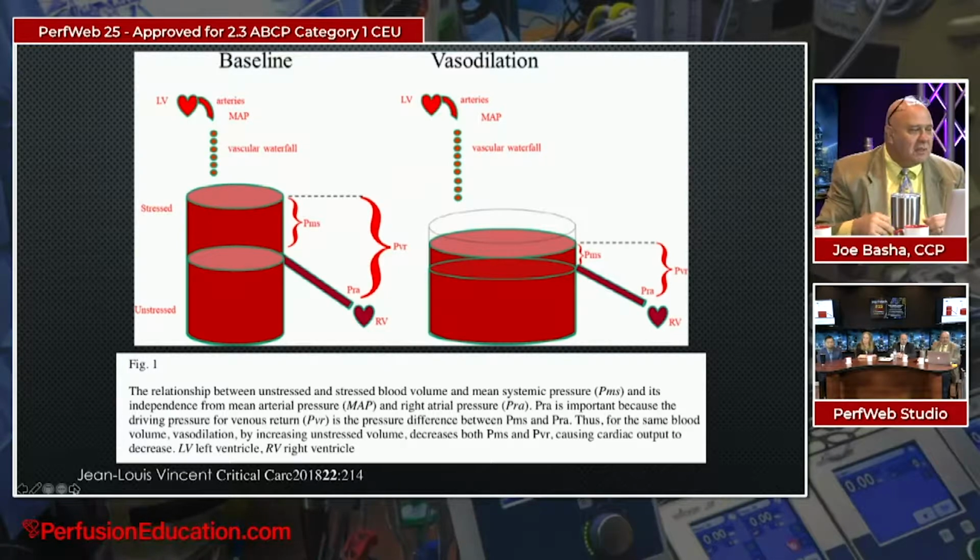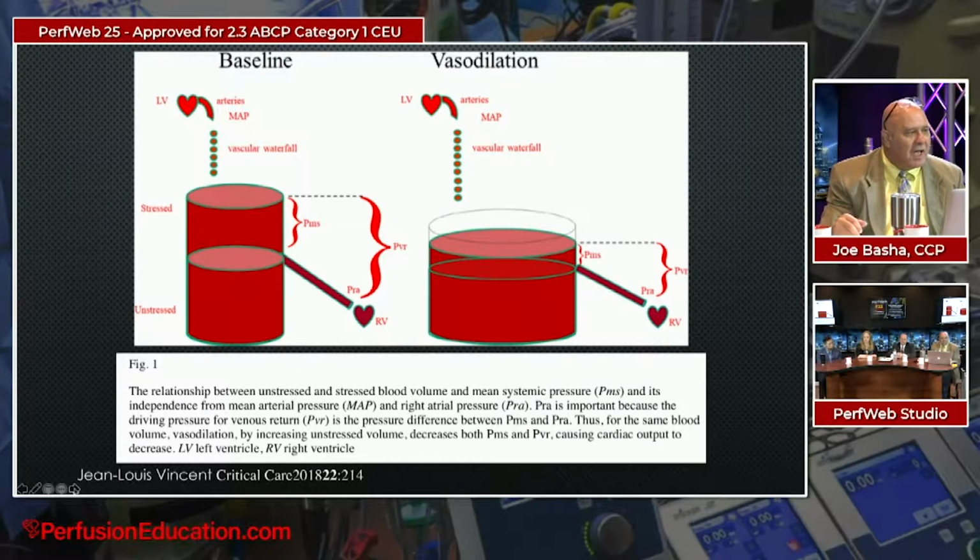So if you were to deplete your intravascular fluid volume to a hypovolemic state, you will have inadequate venous return vis-a-vis our patient is empty, and we see it on bypass all of the time. But that can also happen through vasodilatory processes.